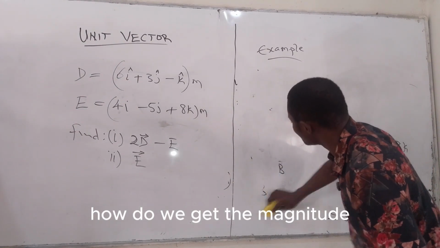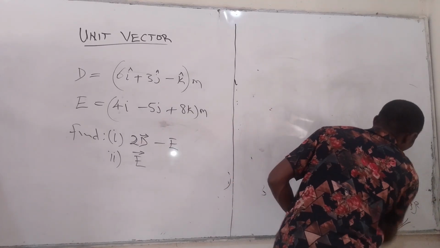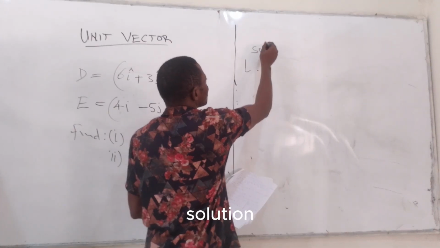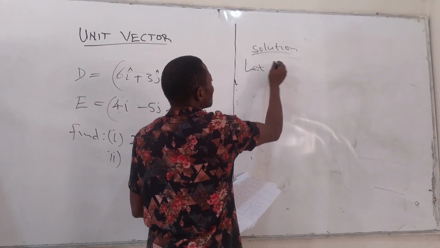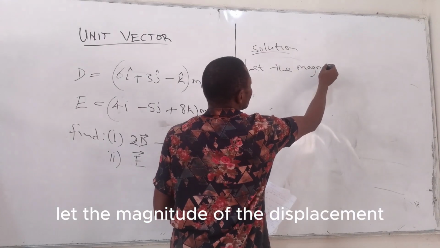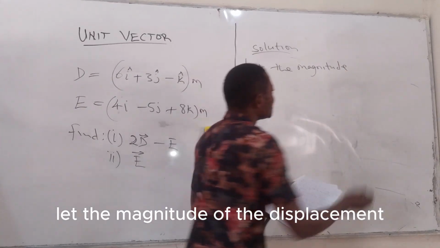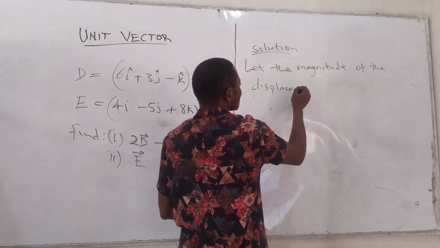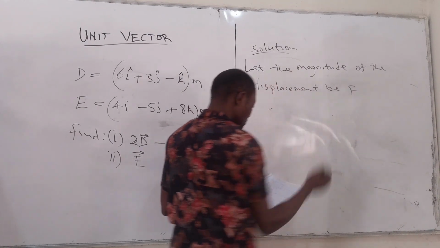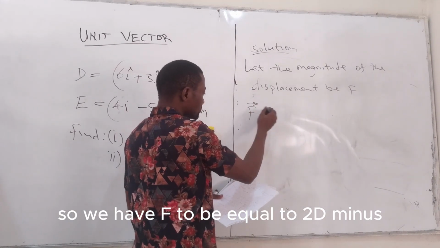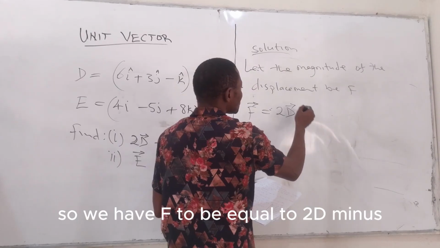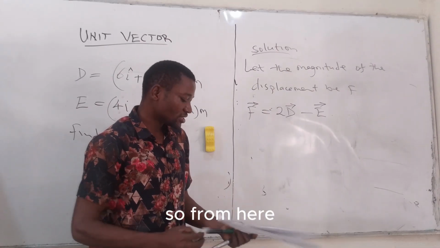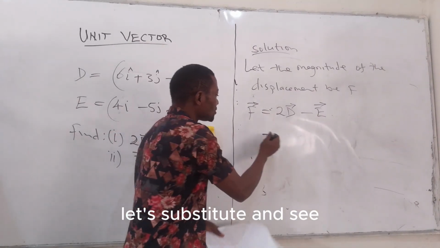How do we get the magnitude? To get the magnitude, solution, let the magnitude of the displacement be F. So we have F to be equal to 2d minus E. So from here, let's substitute and see.